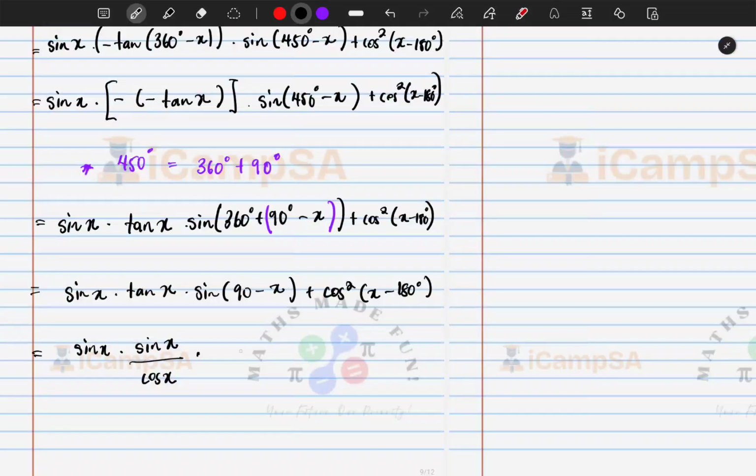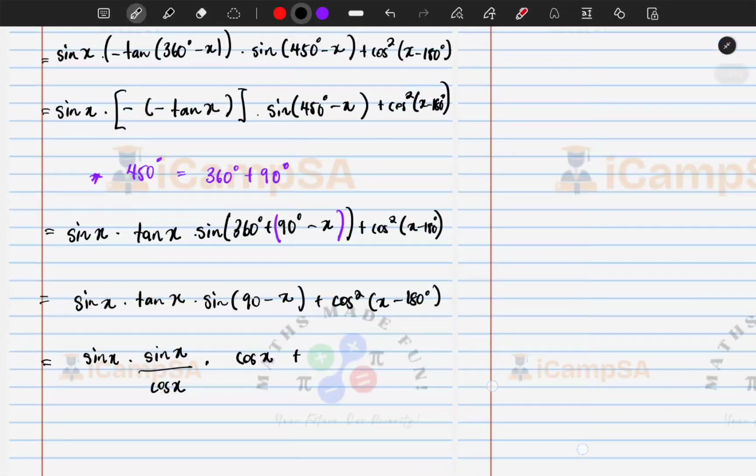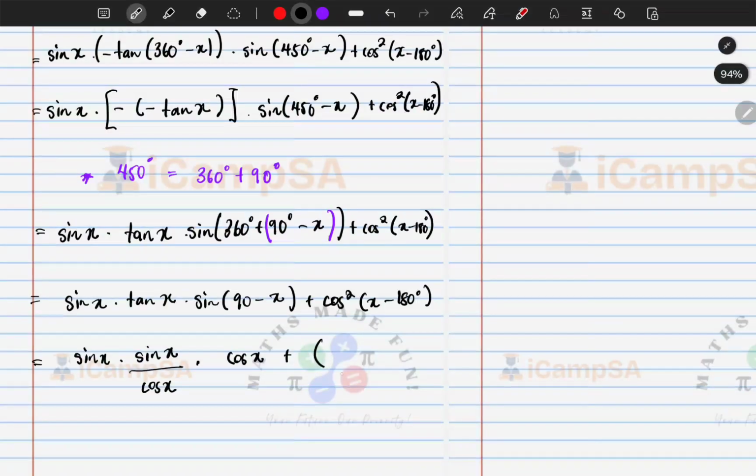So this is a cofunction. It will change and become your cos x plus, I can say this is going to be minus your cos squared x, it's going to be your minus cos squared, right, into 180 minus x, right?